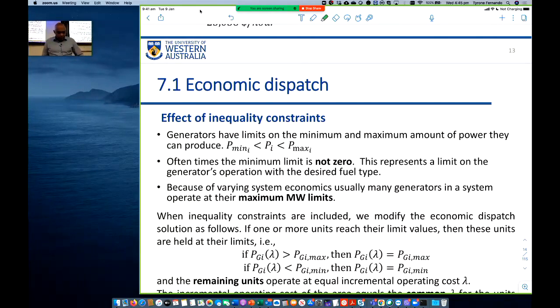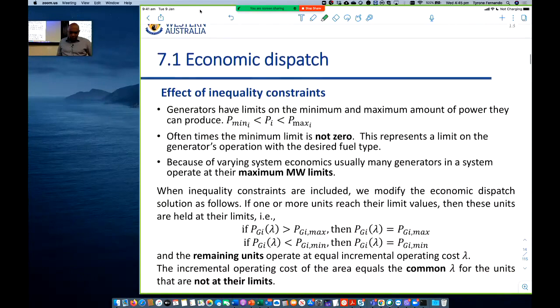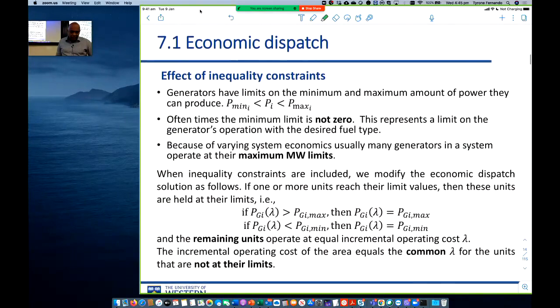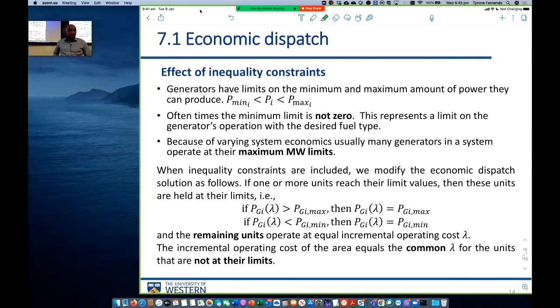All right, so what do we do if we have some other constraints that we need to satisfy, apart from the generation must equal the load constraint? Generators generally have limits on the minimum and maximum amount of power they can produce.